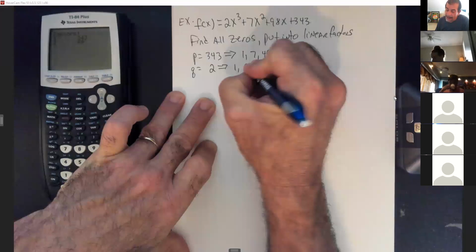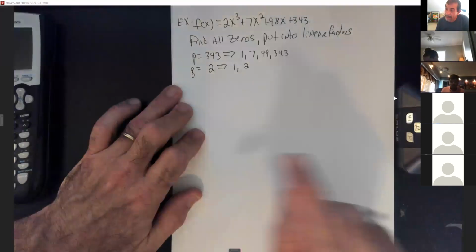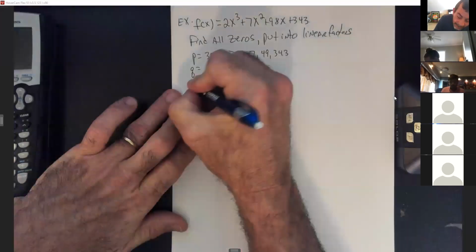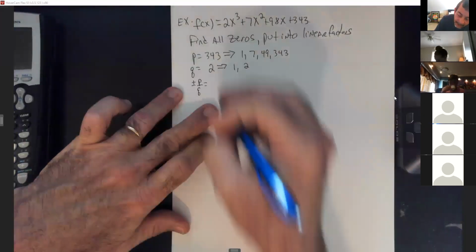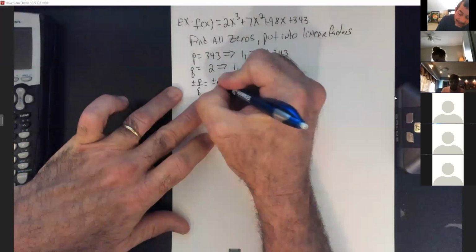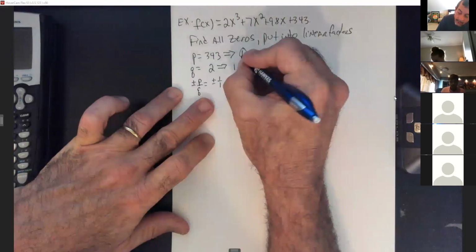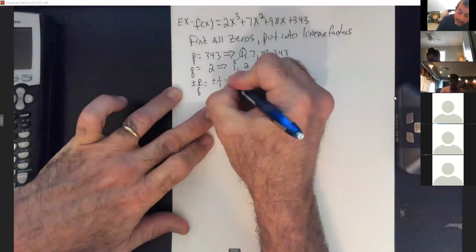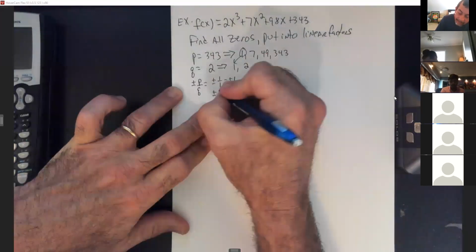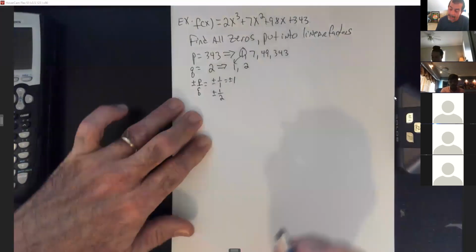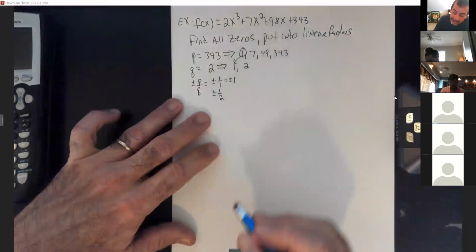So I'm going to write all my possible factors first, because that could be anything with a P over Q. So that could be a plus or minus 1 divided by 1. So I'm going to take the 1 divided by 1, which is a plus or minus 1. And then I can take that 1 and divide by that 2. Cannot reduce that one. So then we take the 7.